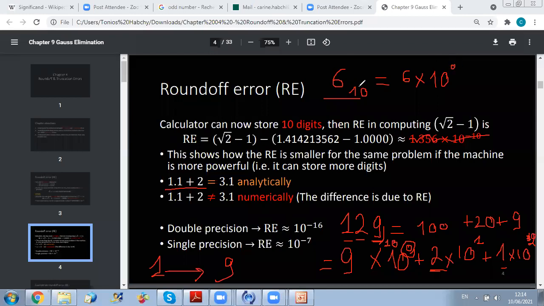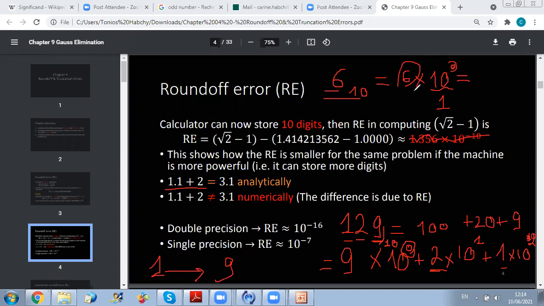Now, if I want to represent 6 in a system of base 2 instead of base 10, sorry, it's 6 times 10 to the power 0, because 10 to the power 0 is 1. So in base 10, the coefficient of 10 to the power 0 is 6. So it's the first number from the right side.